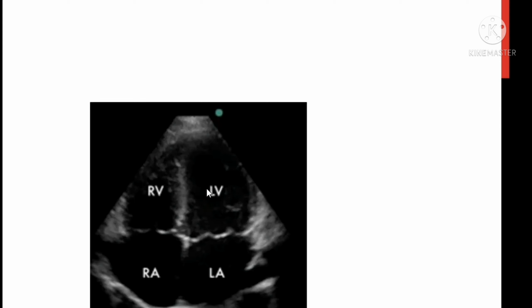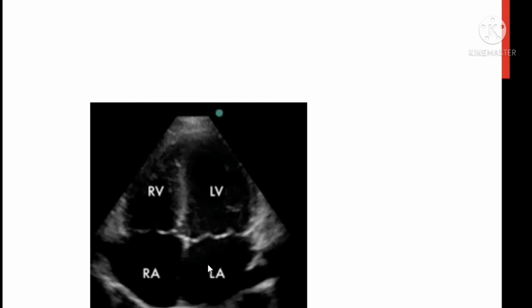It's almost similar to FAST. If you remember, while you are doing FAST, you make the right side to the right because you find the right structure on the right side. Now, if you make echo, the importance is if you place the probe on the left side and the probe direction is to the left, things on the left are the left. That means the left ventricle and left atrium are on the left side.